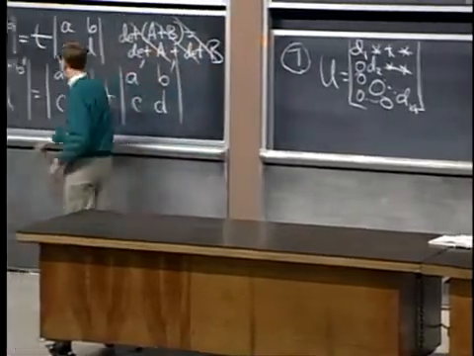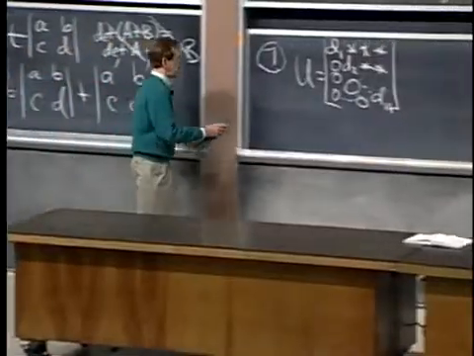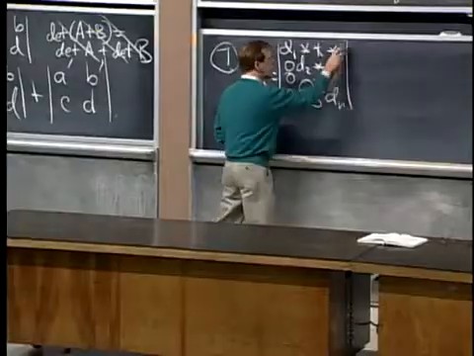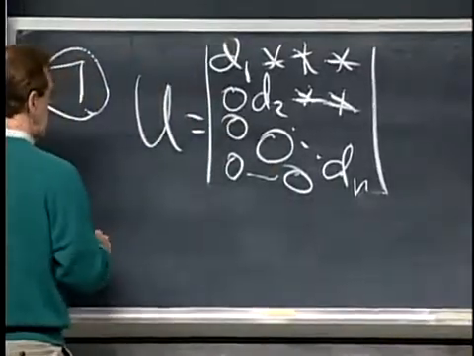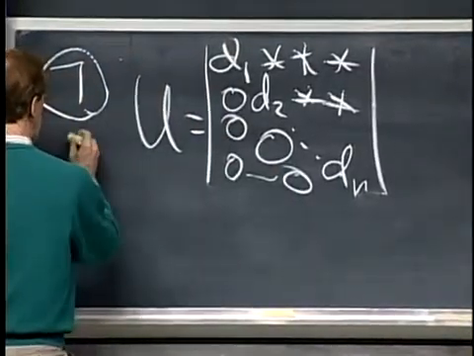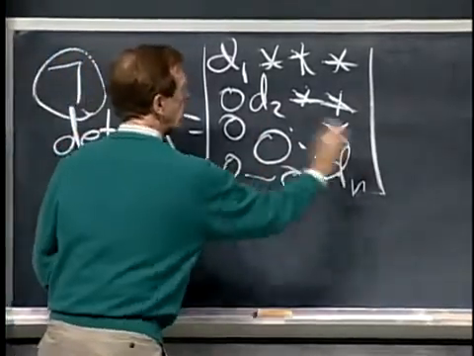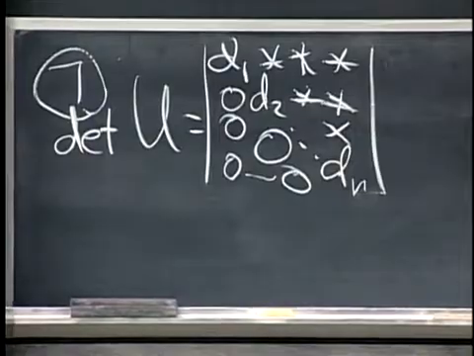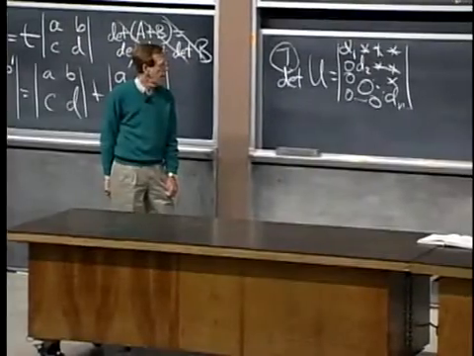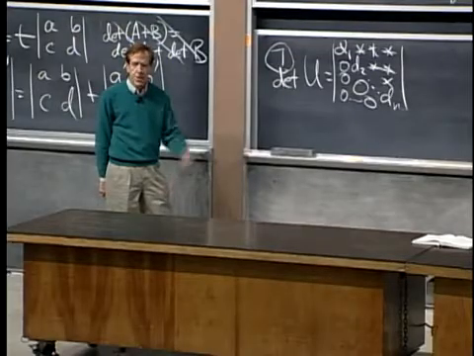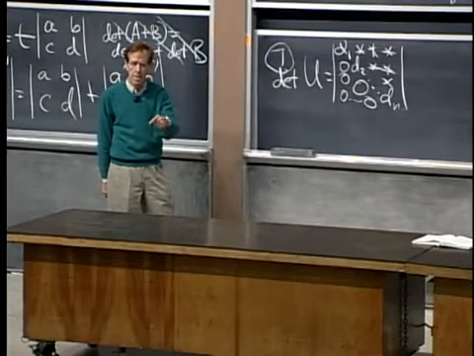Let me use an eraser to get that vertical bar again, so that I'm taking the determinant of U. So what is the determinant of an upper triangular matrix? Do you know the answer? It's just the product of the d's.